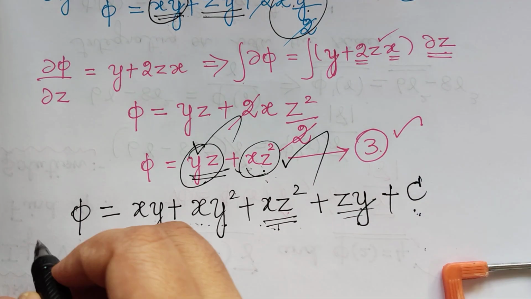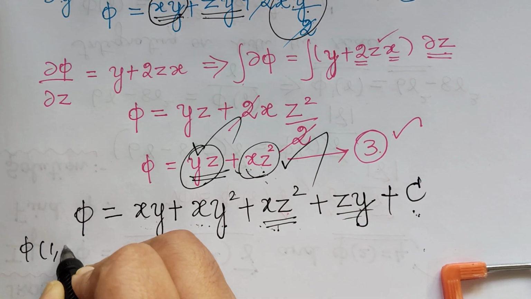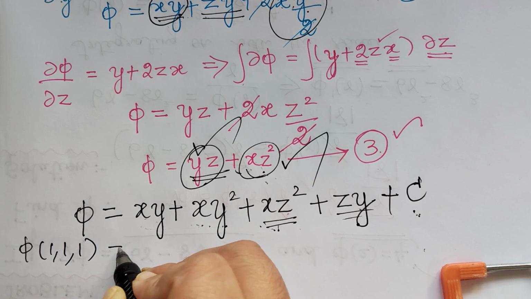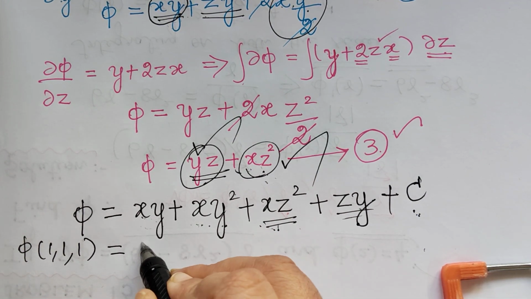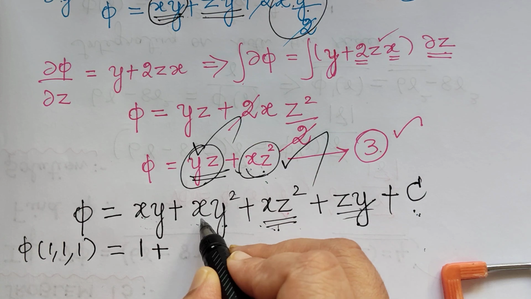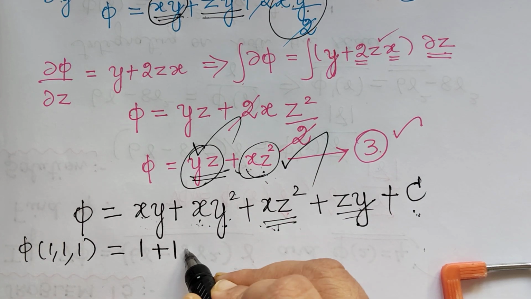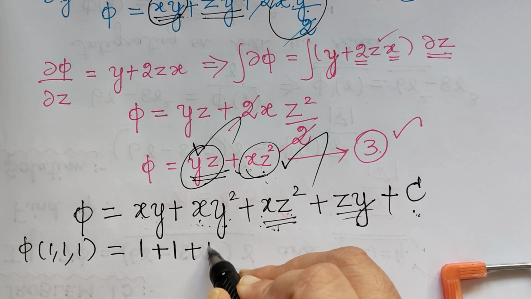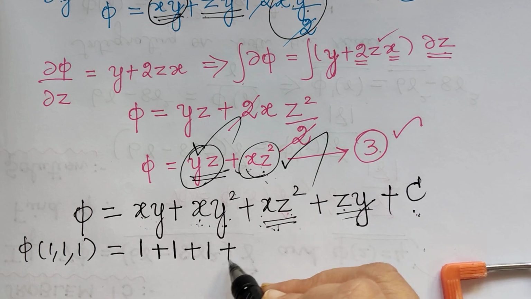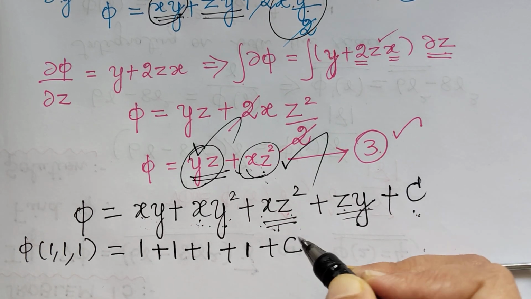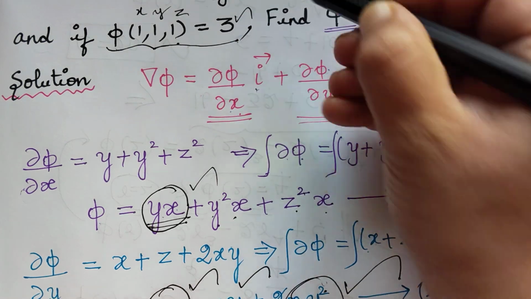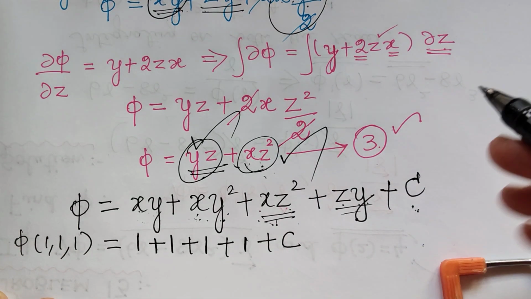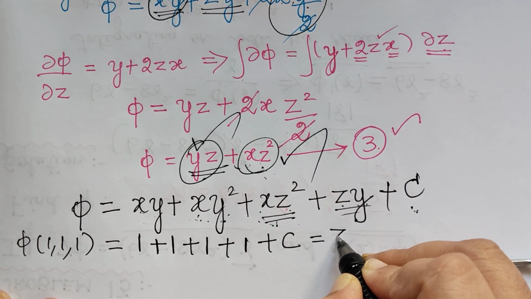First we will find phi of 1 comma 1 comma 1. If you put 1 for x, y and z, this will be 1 plus 1 into 1, so 1, plus again 1 into 1 which is 1, plus 1 into 1 is 1, plus c. It is given that when you substitute like that, it is equal to 3. So we will equate it to 3.